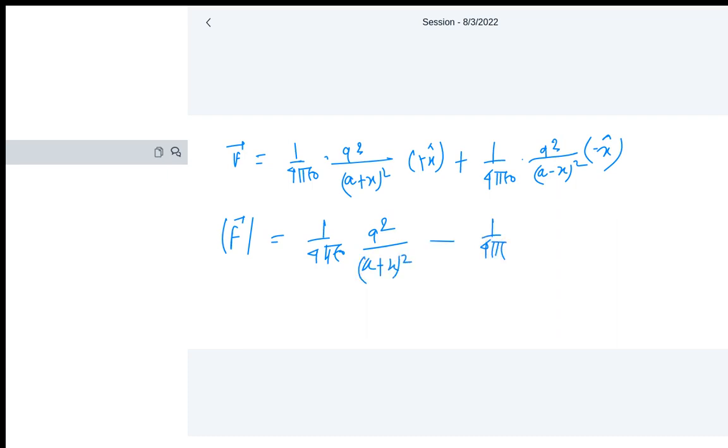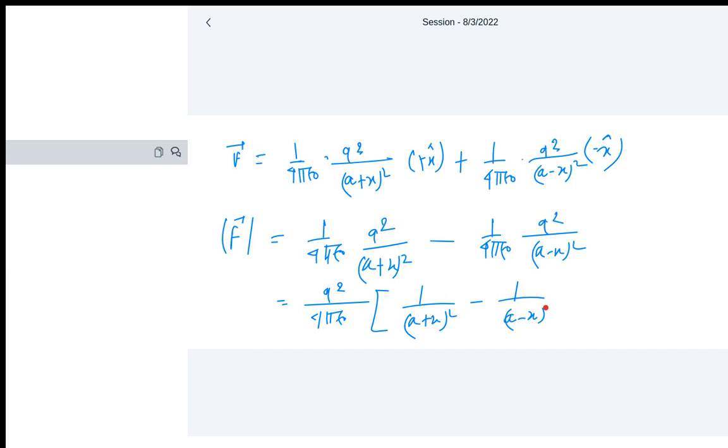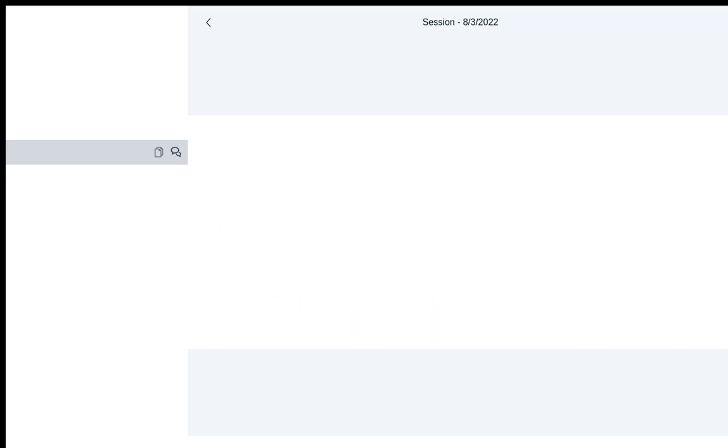So we take Q square upon 4 pi epsilon naught common, and we get 1 upon (a minus x) whole square minus 1 upon (a plus x) whole square. Now simplify this expression.